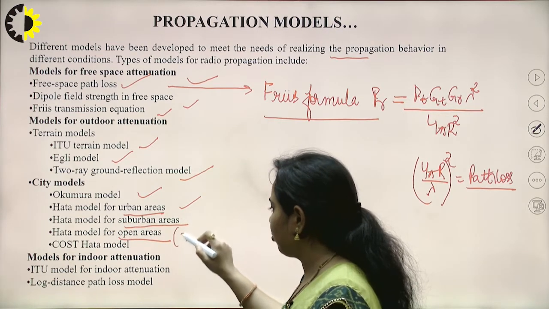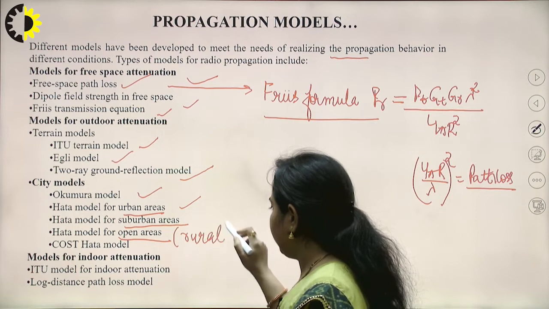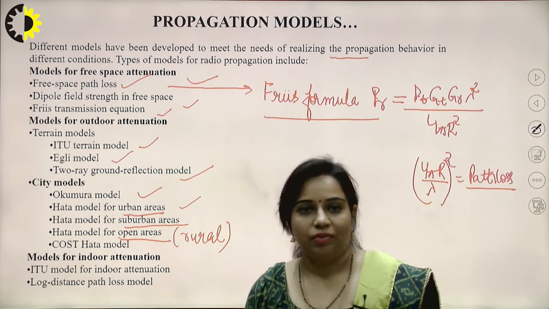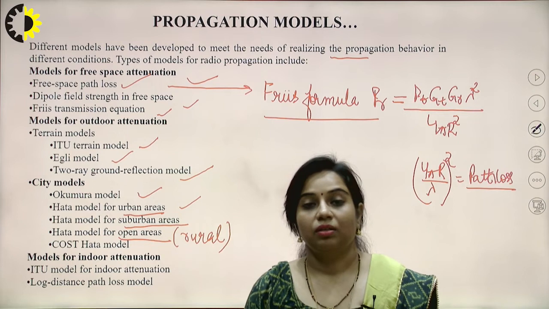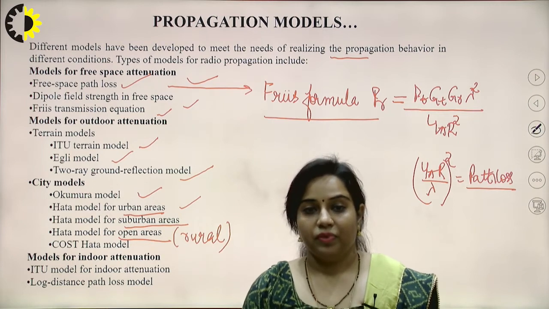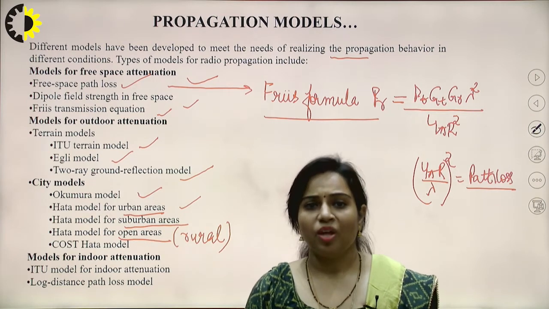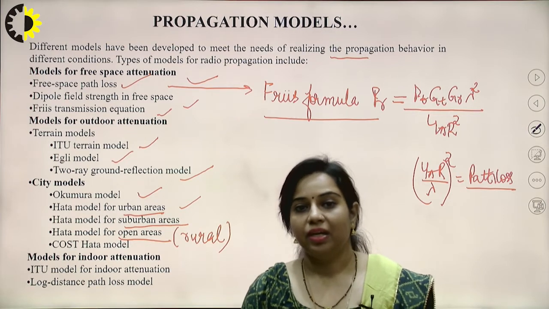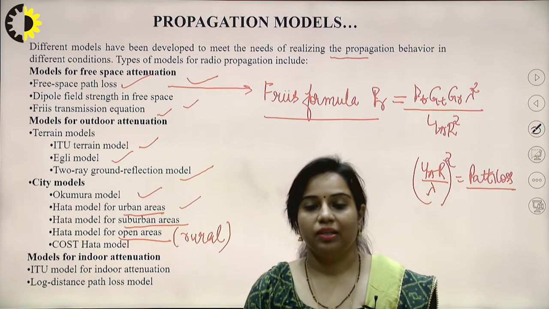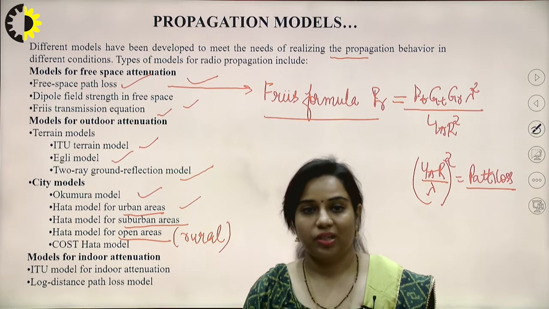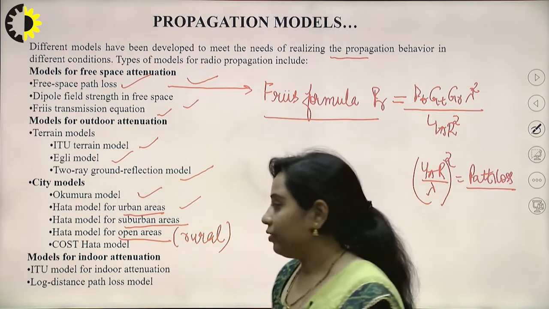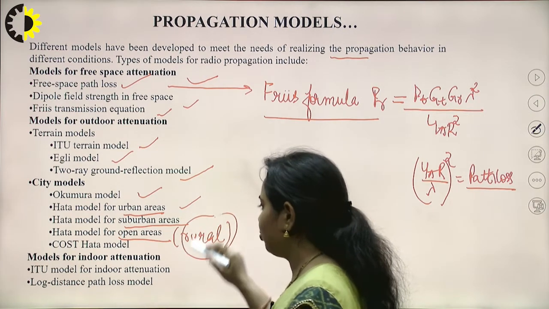Open areas can also be considered as rural areas, because in between the transmitter and receiver there is very less density of population, and secondly no high rise buildings or other obstacles exist between the transmitter and receiver. So that's why I have considered it as a rural model.